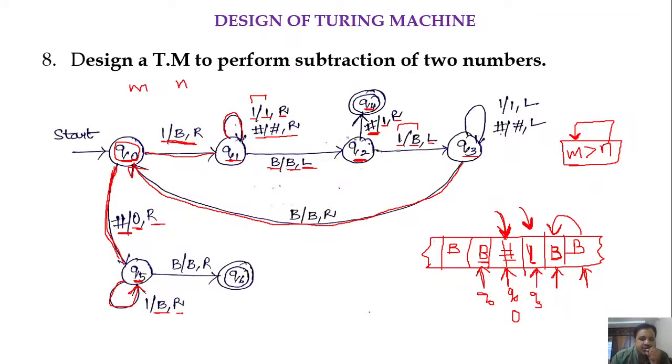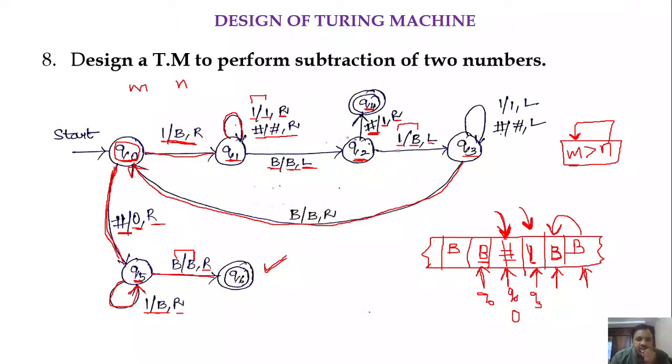I keep on doing this in the state q5 for subsequent ones. In q5 if I get blank, I keep that blank as it is and move the head towards right, and the state changes from q5 to q6. Q6 I am marking here as a final state.